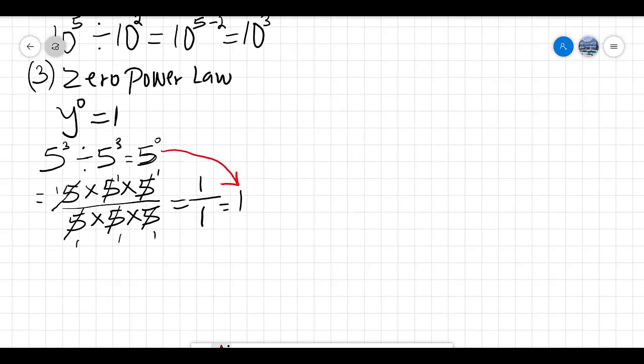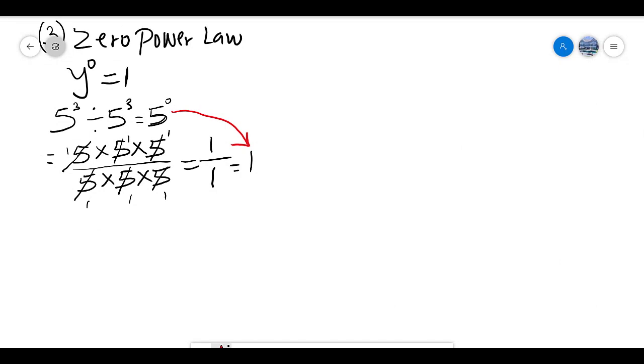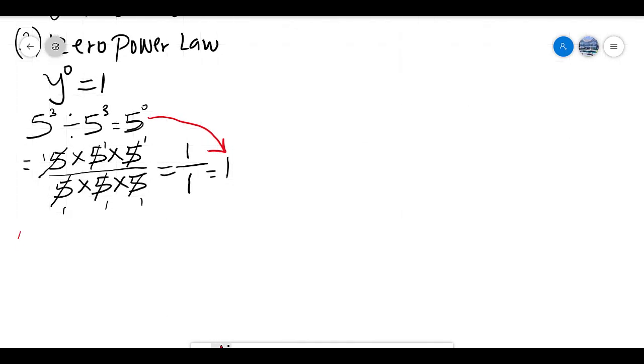Okay, the fourth law is the index product law. Now, what does it mean?